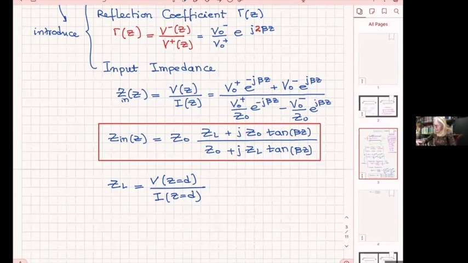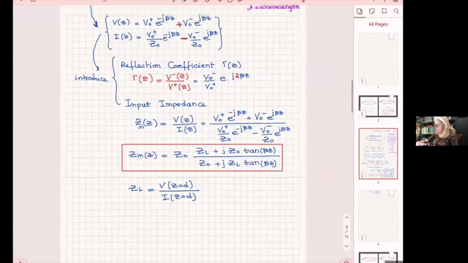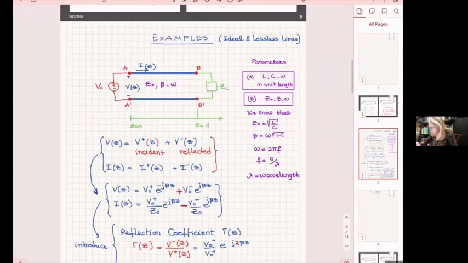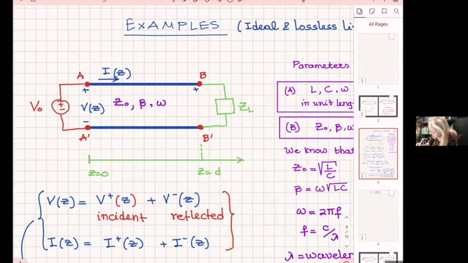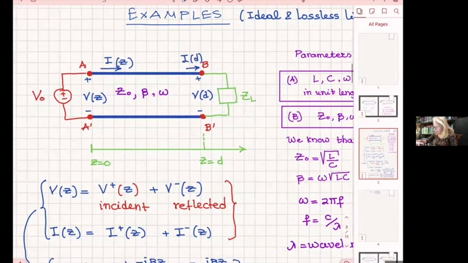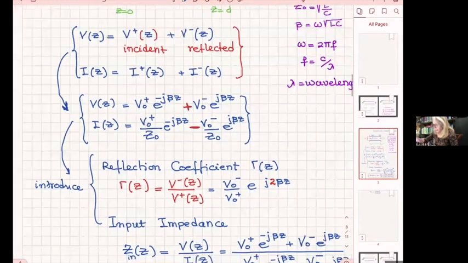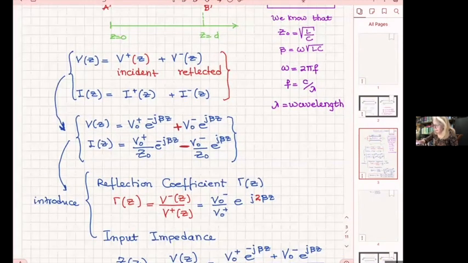That is the condition for the load at the end of the line, because at Z equals D, you have here plus and minus V of D, and then you have here I of D. So practically by incorporating all of this, let me also reduce the size here so we have space.